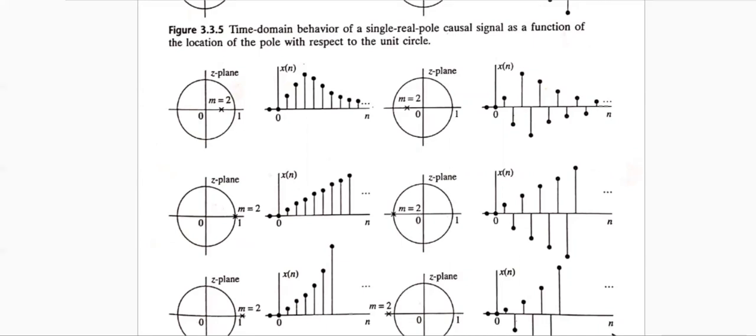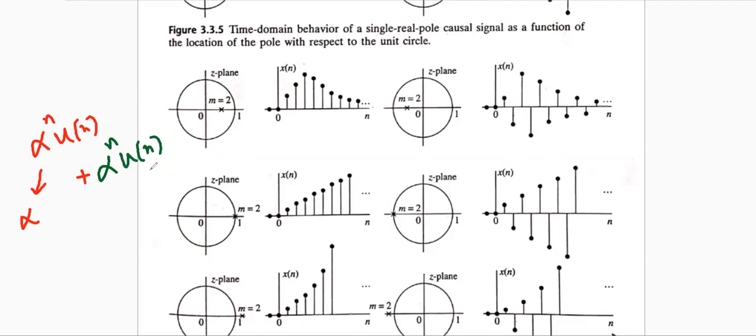How can we visualize the double pole? For example, we have alpha to the power n u[n]. For this, you have the pole, of course, at the location alpha. Plus, you are taking another signal, which is also alpha to the power n u[n].